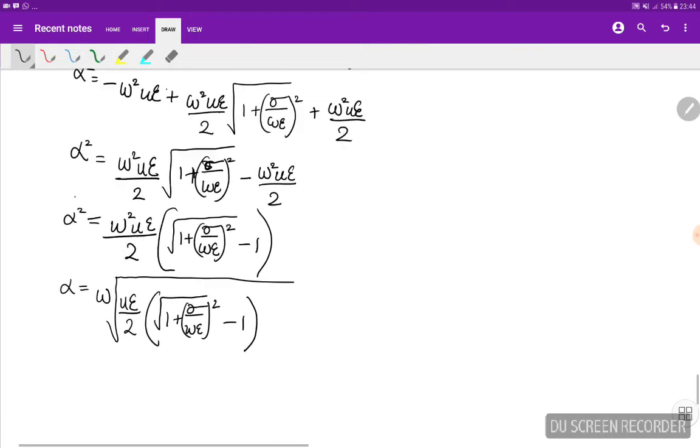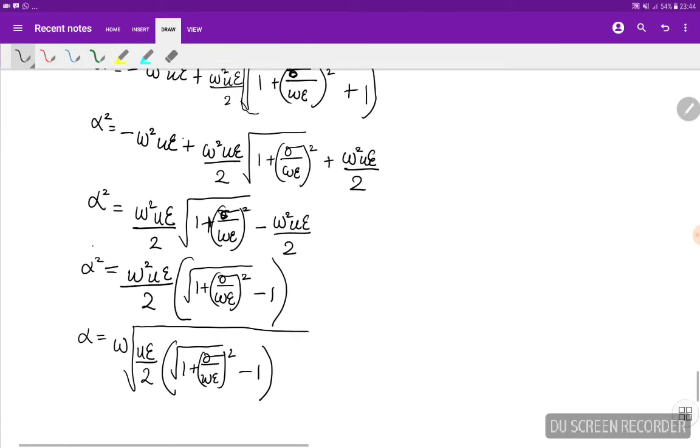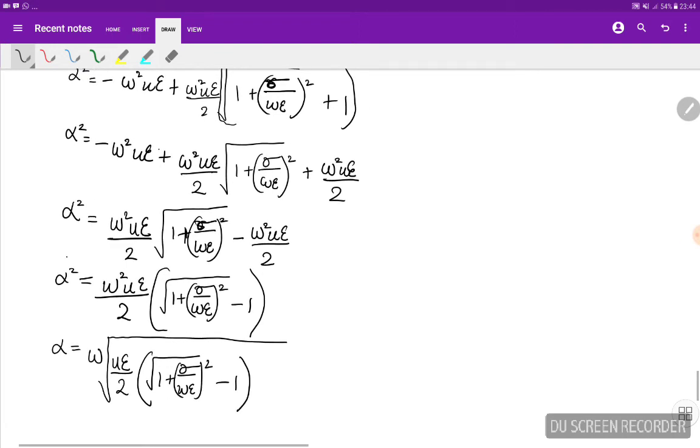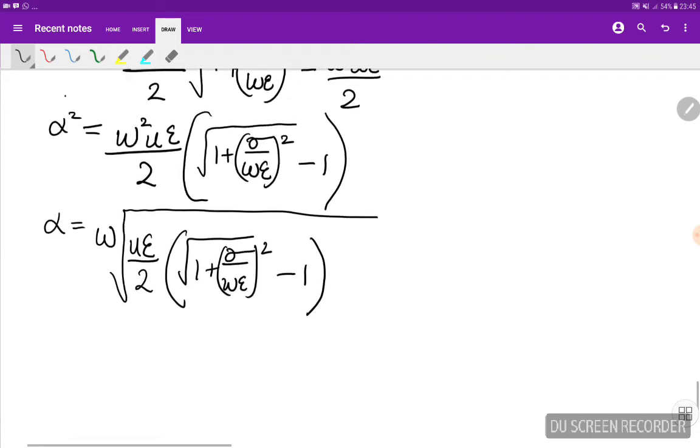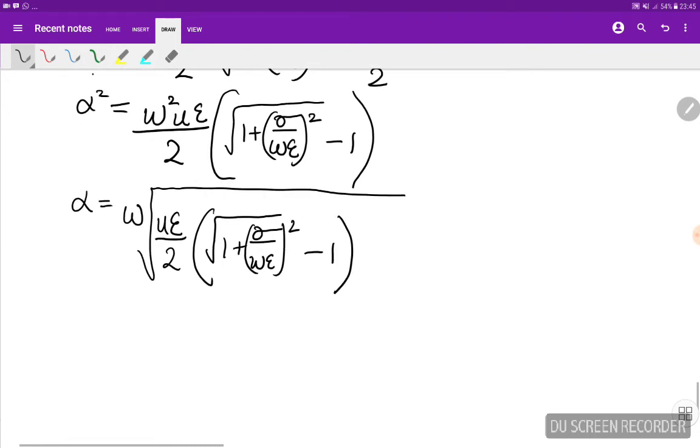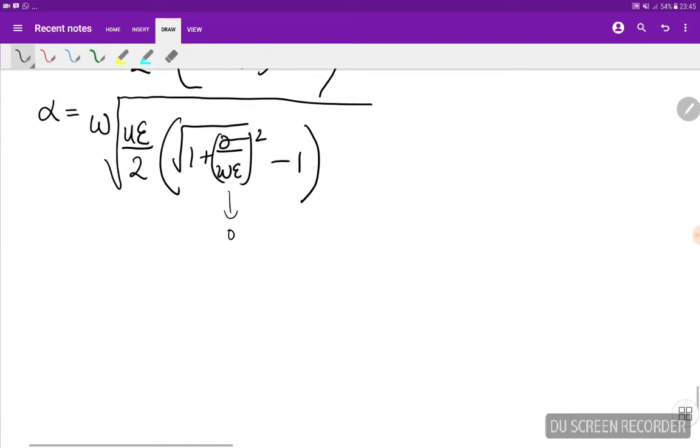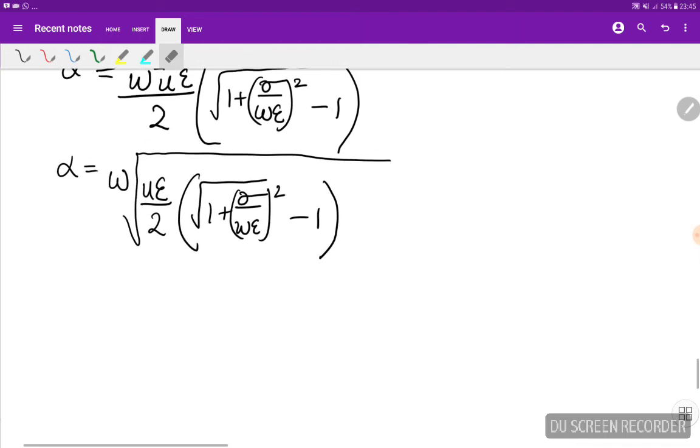Now you can see that you can still get back alpha is equal to 0 for free space. Remember that for free space, we have J is equal to 0, therefore conductivity is equal to 0. Then you have square root of 1 plus 0, which is equal to 1. 1 minus 1 is equal to 0. That means everything you have here is equal to 0 for free space. So you can see that the formula is still correct for free space.